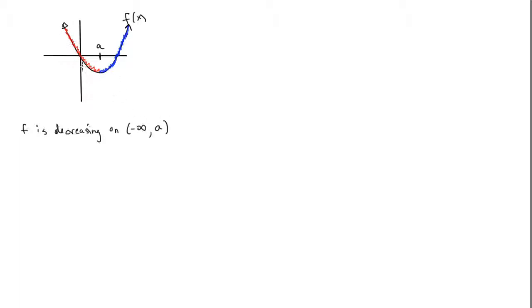So that's this stuff here, and we'll color that red. Then the set on which it's increasing is the blue stuff. So f is increasing from a to the right, which would be from a to infinity.